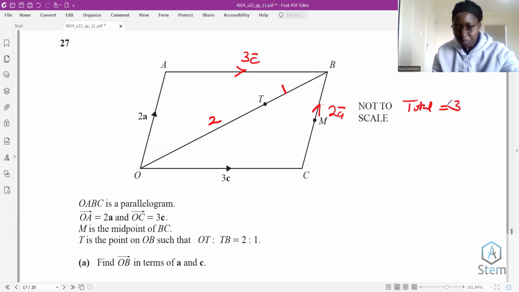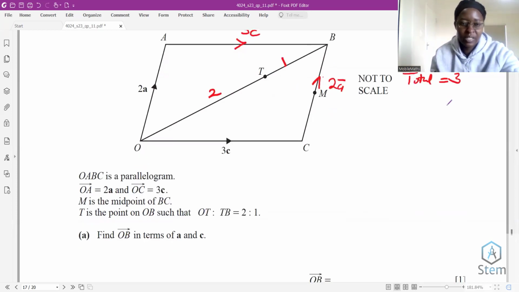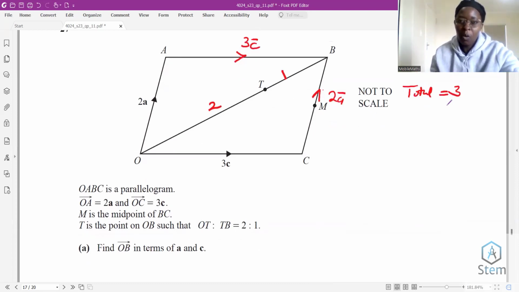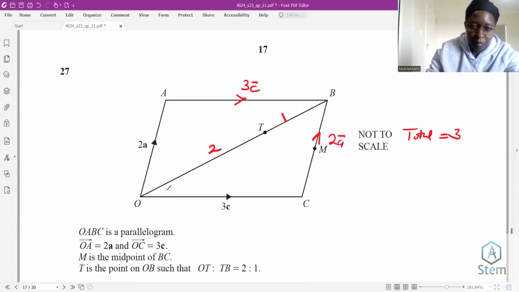Okay, fine. The first question is saying find OB in terms of A and C. Where is our OB? OB is this one. So we want to find a route that we can follow from O to B. We can say vector OB is equal to, we can go via OA plus AB.